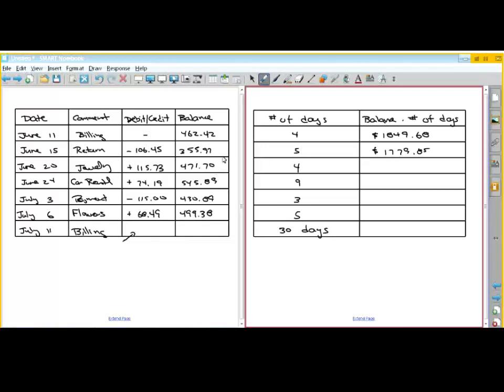Then we take 471.70 times 4, which is 1886.80. 545.89 times 9 is 4913.01. Then we take 430.89 times 3, which is 1292.67.